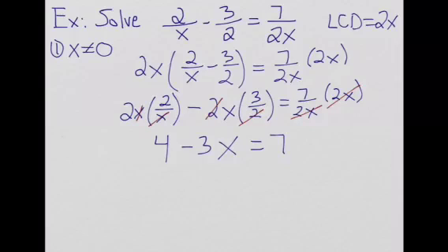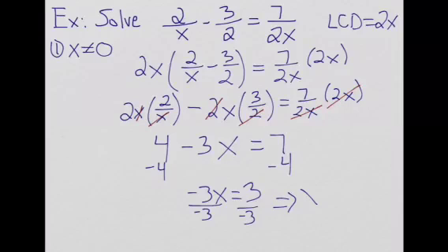And so now we can subtract 4 from each side. And so we get negative 3x equals positive 3. Divided by negative 3, we wind up getting that x equals negative 1. Okay, and so now step 4 was, now that we think x equals negative 1, we just have to check it and make sure that it doesn't give me a 0 in the denominators.